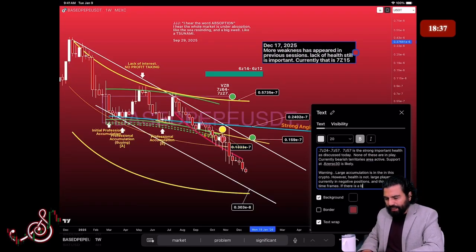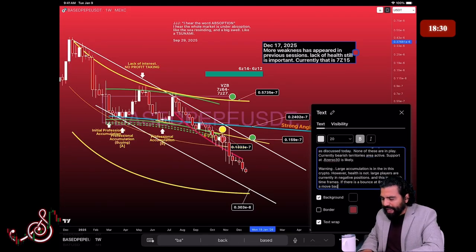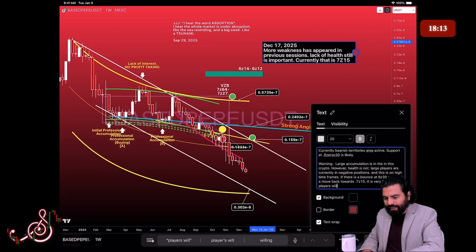If there is a bounce at 0.830 area and a move back towards 0.715, it is very likely large players will cut positions and flood that area with supply.